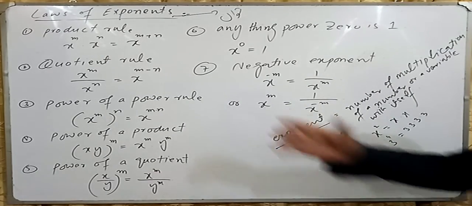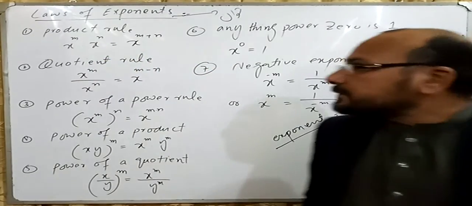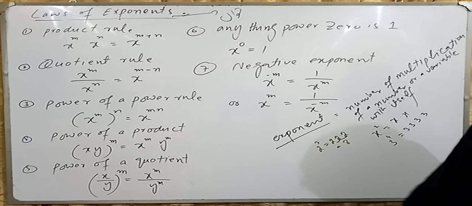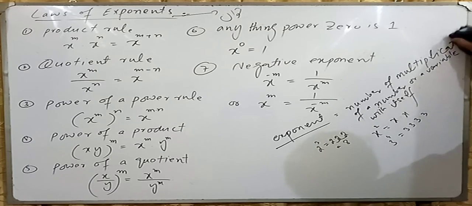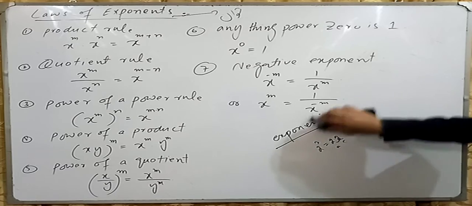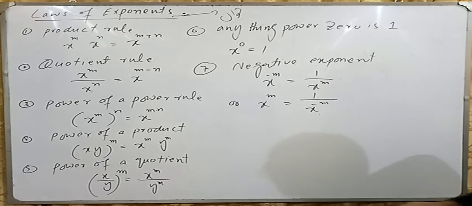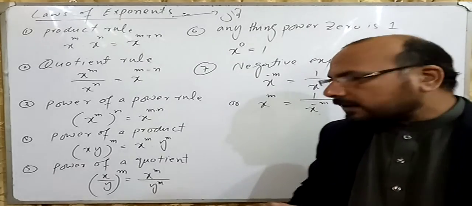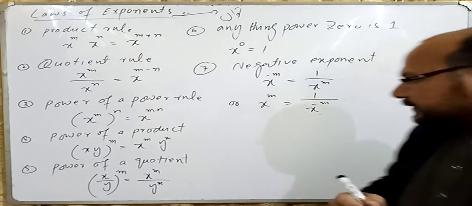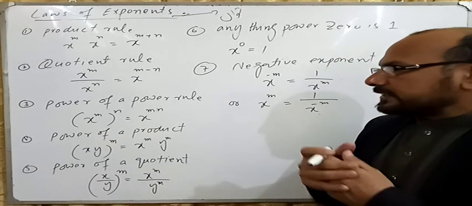First you need to understand the exponent and then the laws of exponent. The first rule, which is called the product rule, says that if we have the same base in multiplied form with different powers or with the same power, the powers should be added.